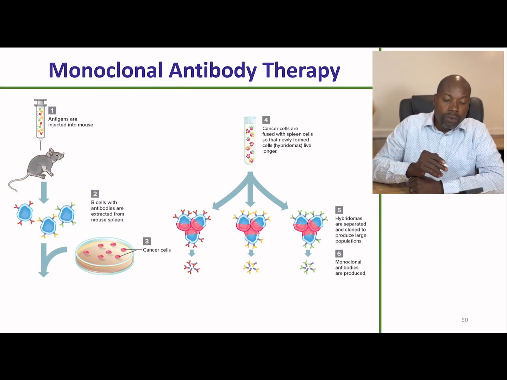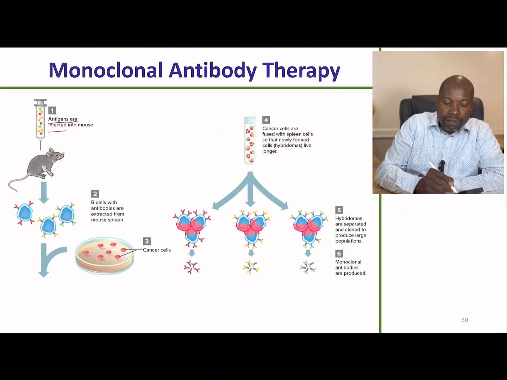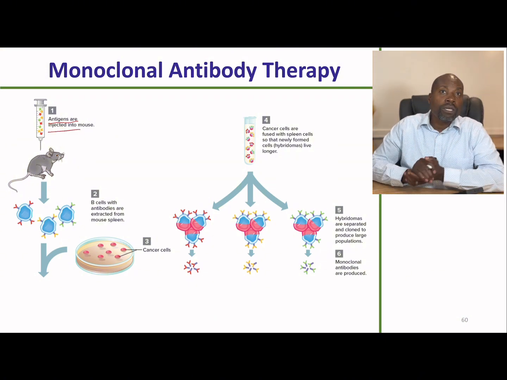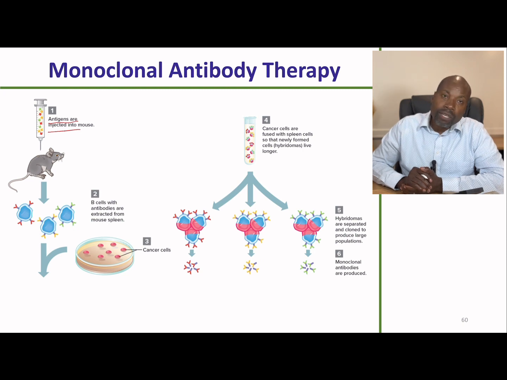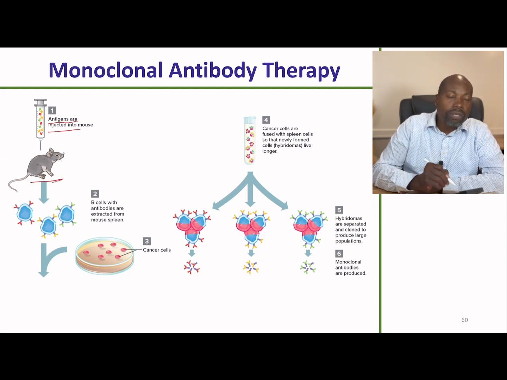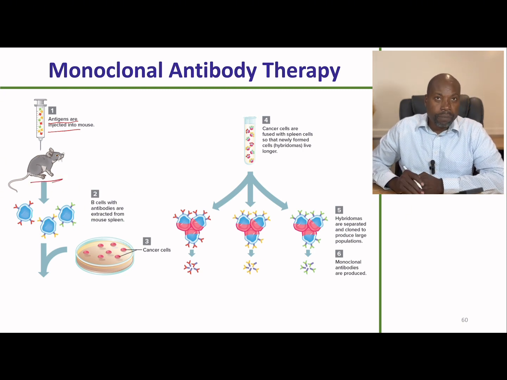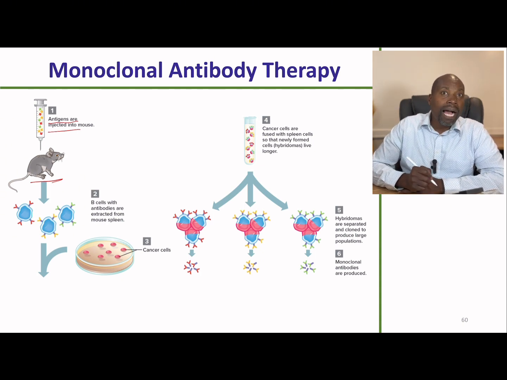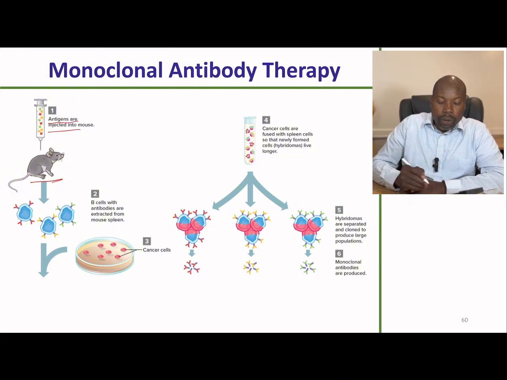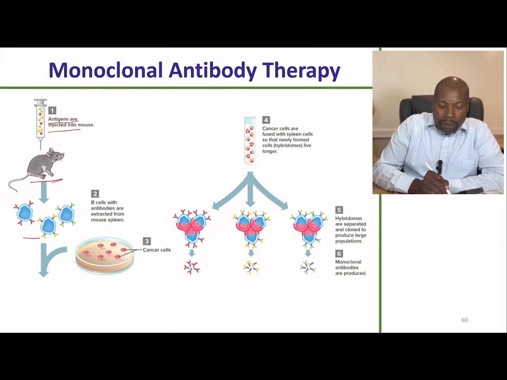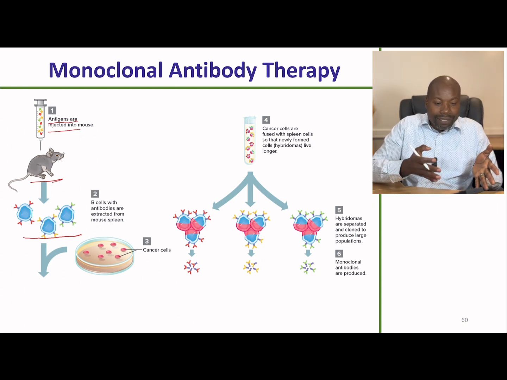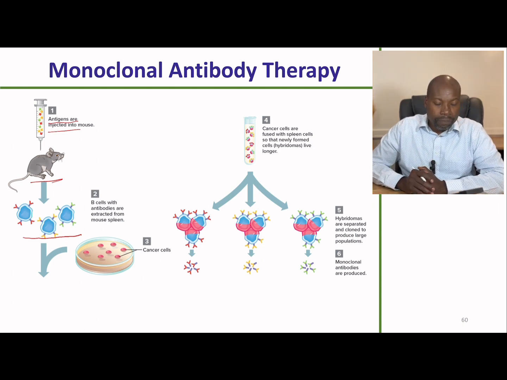So typically, we're going to have antigens, right? These antigens are going to be injected to an animal model, typically a mouse or a rabbit. So as these antigens are injected to a mouse or a rabbit or maybe a rat, right? We are going to have B cells that are going to be produced against these antigens.